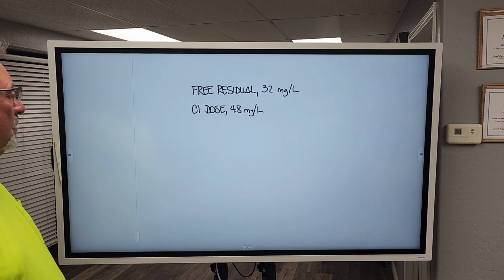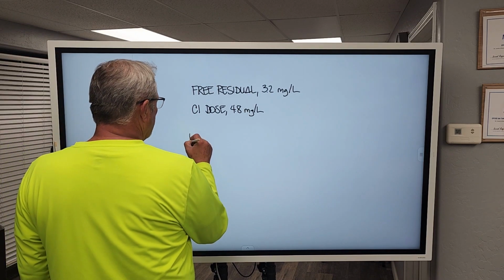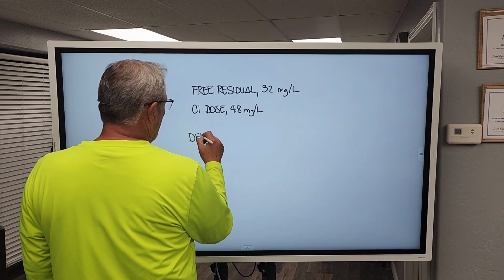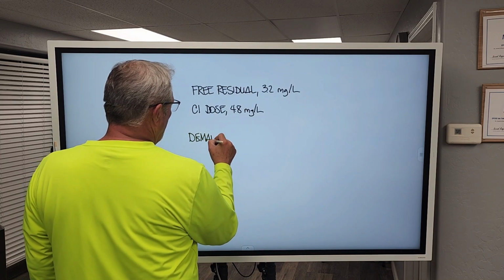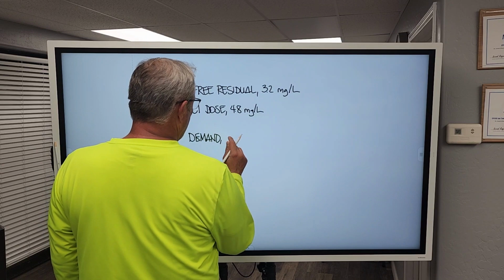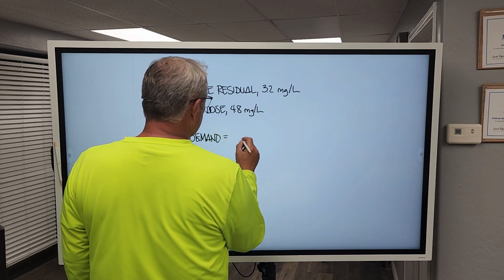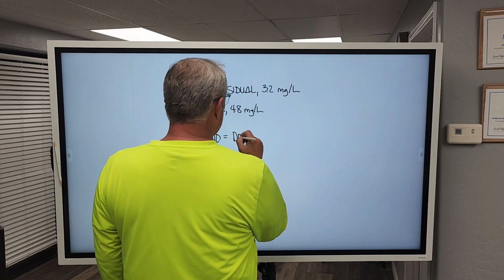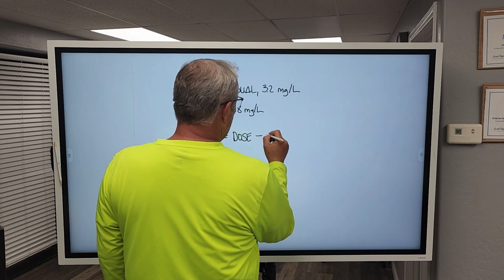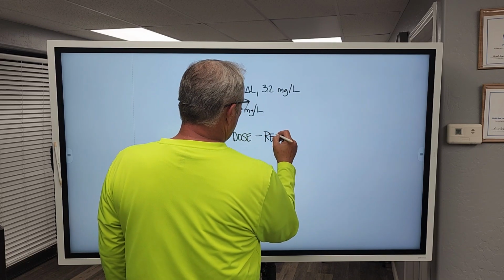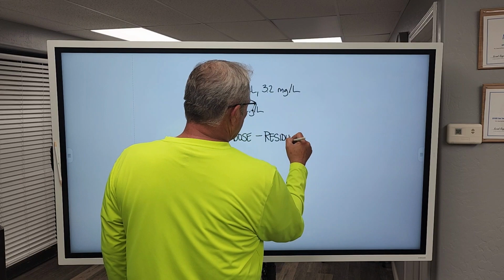Okay, so demand equals dose minus residual.